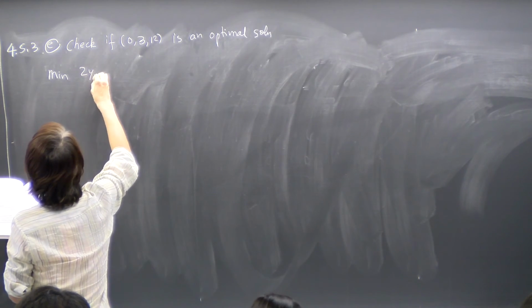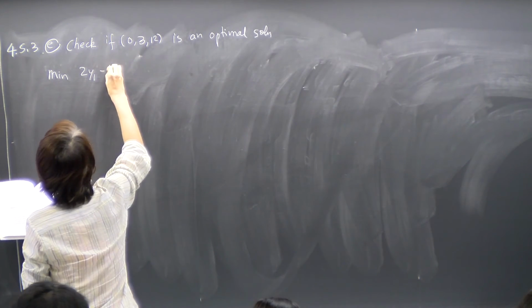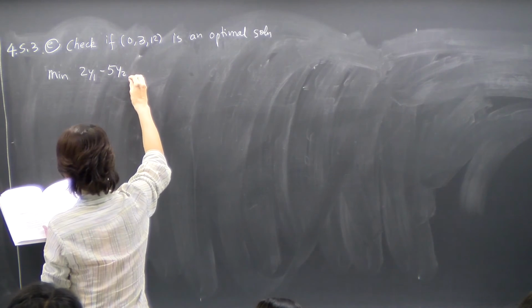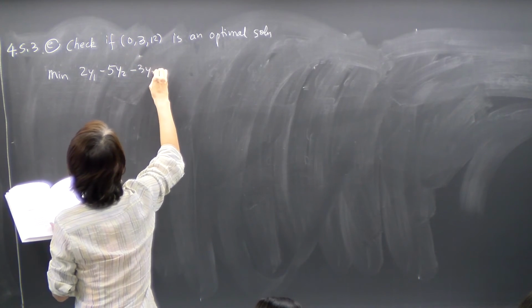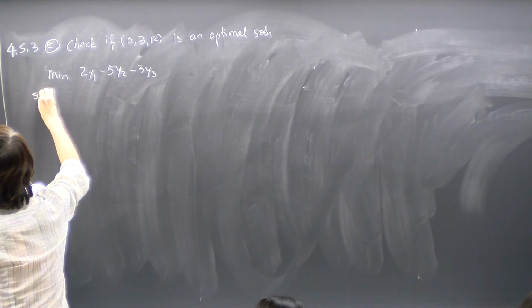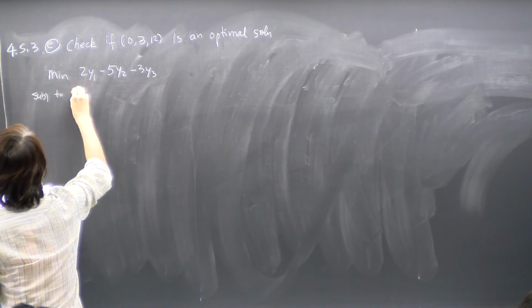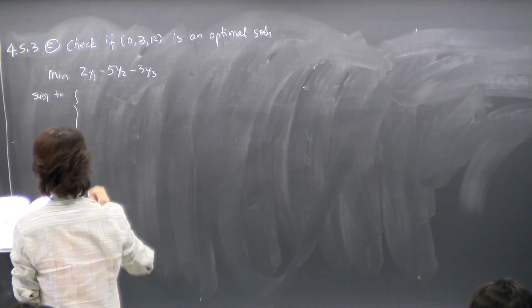Let me just write out the problem. Minimizing 2y1 minus 5y2 minus 3y3 subject to. I have 3 constraints.